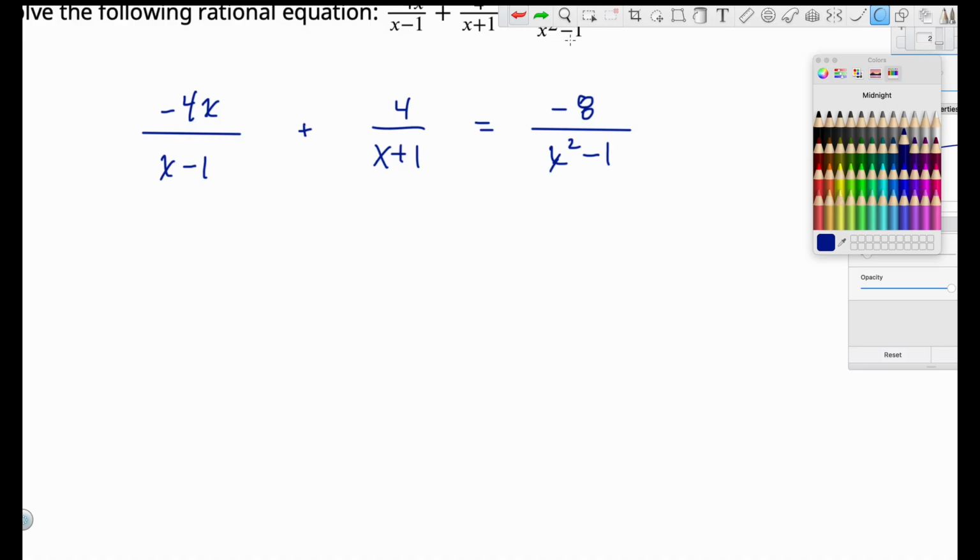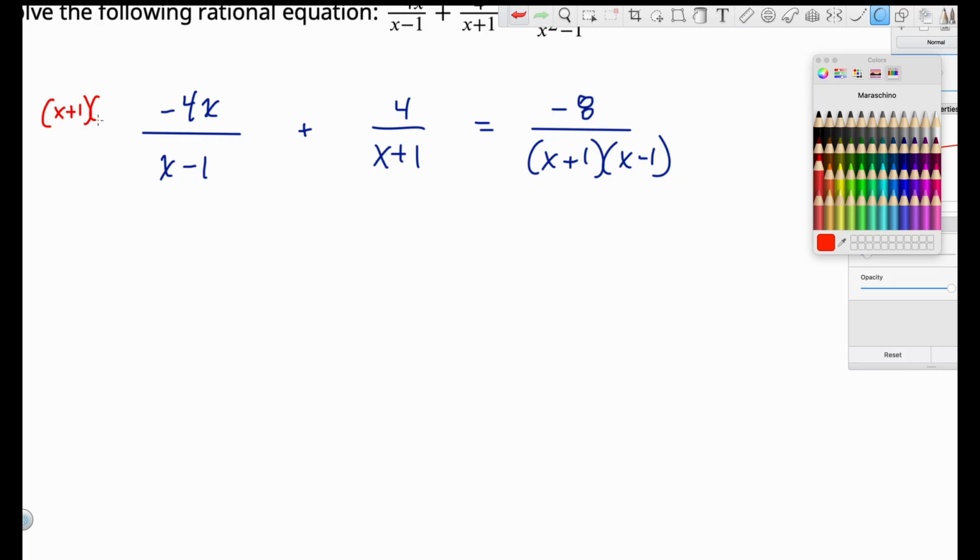So we can rewrite this denominator as x plus 1 times x minus 1. This is a conjugate pair. And notice these two factors are the same as these two denominators. So our common denominator here that we're going to multiply through by is x plus 1 times x minus 1.